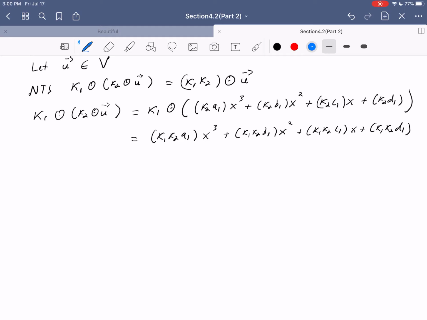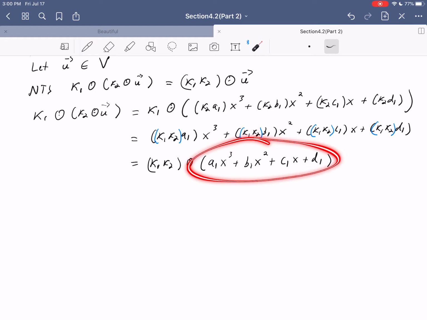Okay, now we're going to do that same trick. Let's just imagine grabbing the K1 and K2 together, which of course we know because normal multiplication of real numbers is always associative. You can group it however you like. And then we can think about that as K1 K2 scalar multiplied with A1 x cubed plus B1 x squared plus C1 x plus D1.